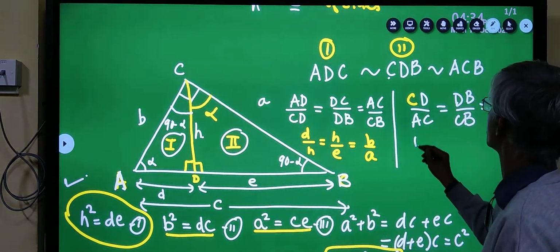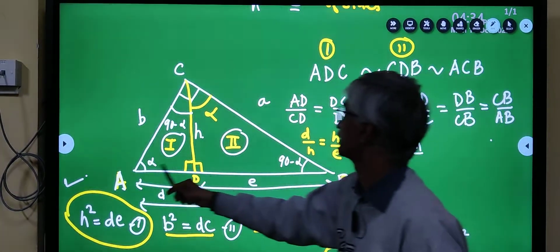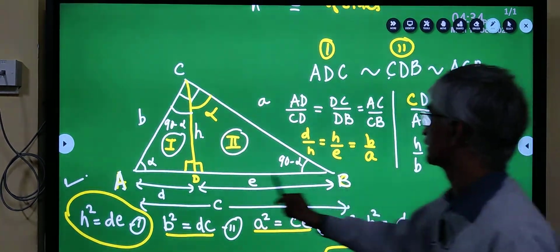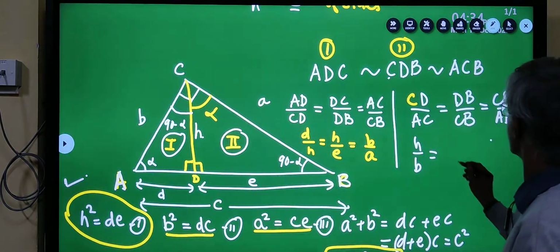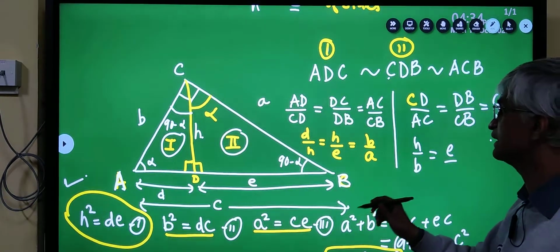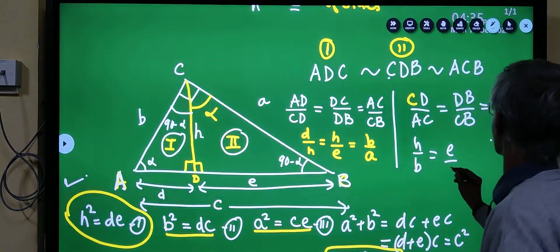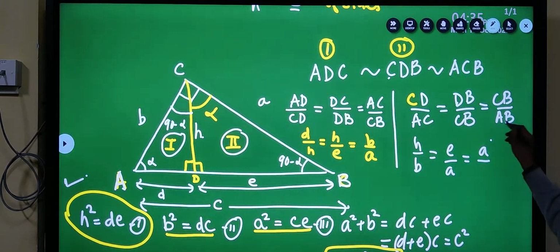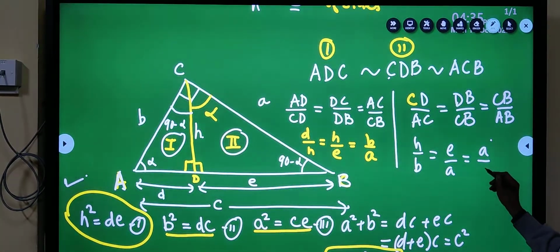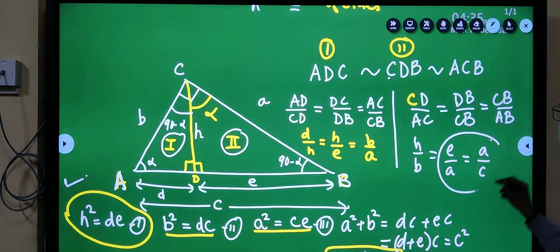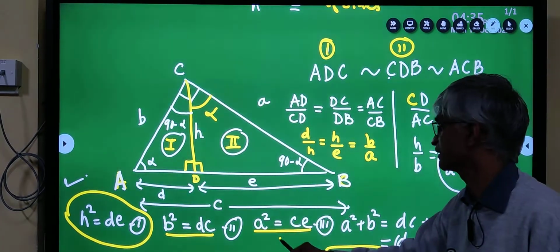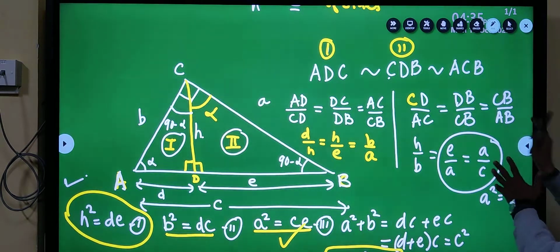CD is H divided by AC is B is equal to DB is E divided by CB is A. This is equal to CB again, that is A, and AB is C. And here you go. You got your second formula, which is A square is equal to EC. So A square is equal to CE is coming from these set of formulae.